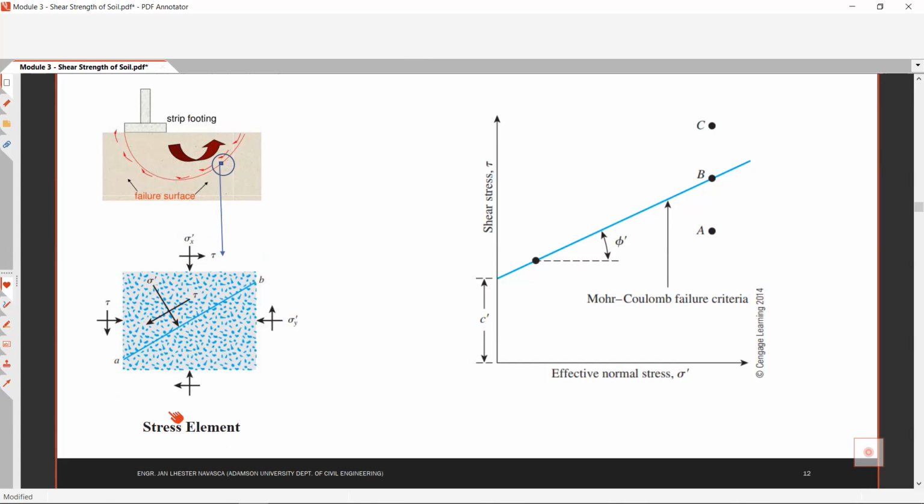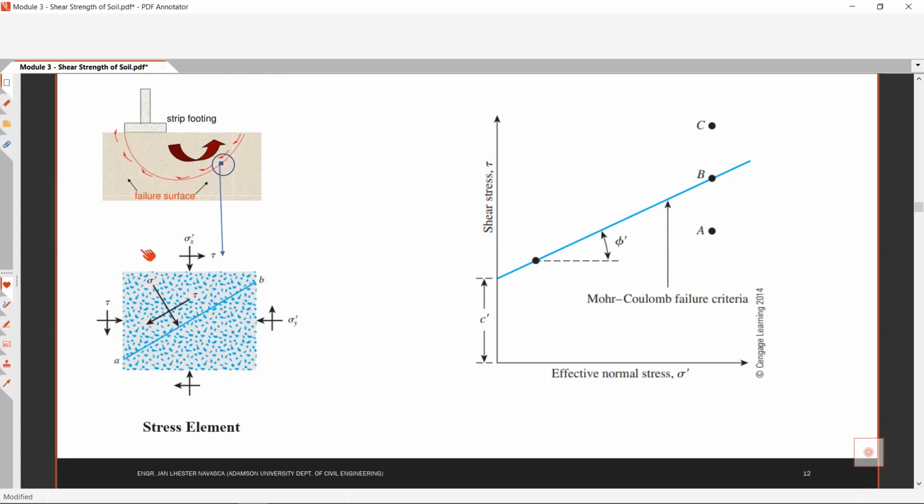Then the stress element has sigma x prime, the compression or tension, on the vertical axis, and also shear xy.